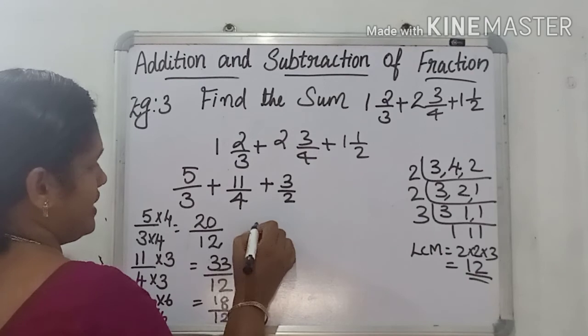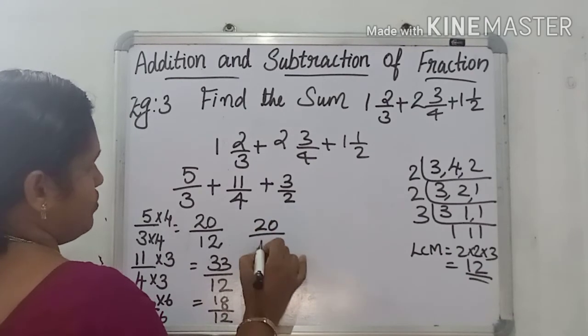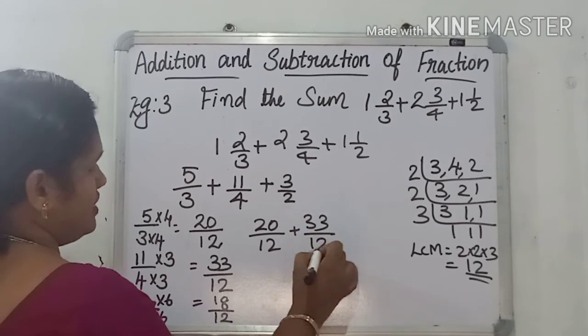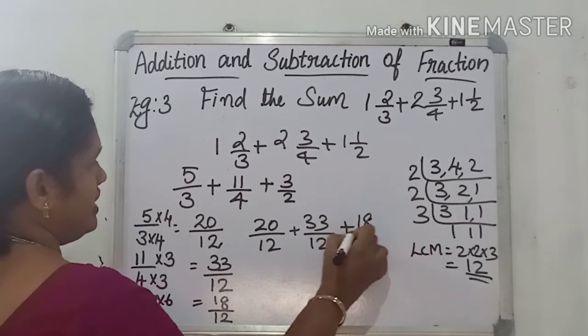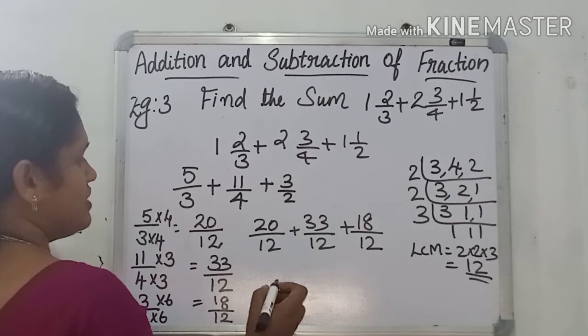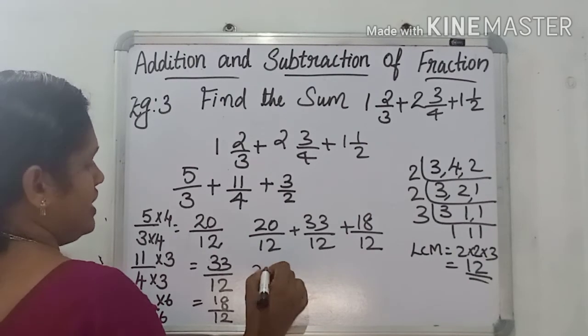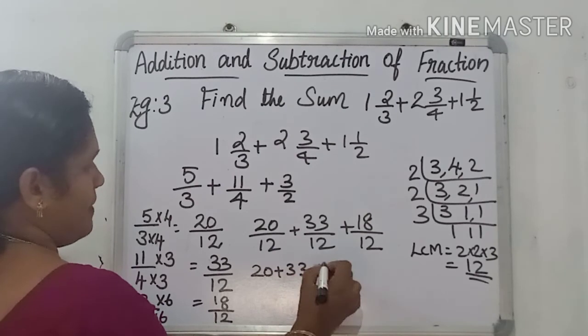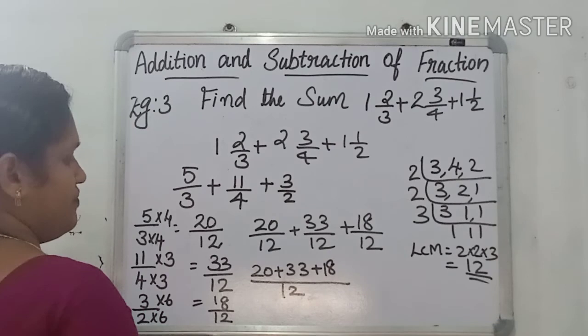We can add 20 by 12 plus 33 by 12 plus 18 by 12. 20 plus 33 plus 18 by 12.